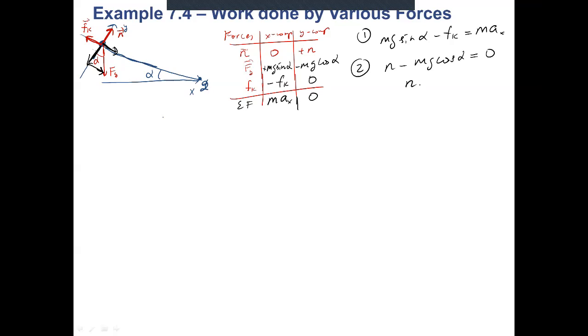That means the normal force is equal to mg cosine of alpha. Again, this is not 2, this is alpha. Let me make that a little more obvious. All right, so the reason I had to go through these steps is to get this guy, and I will explain in a minute why I need it.